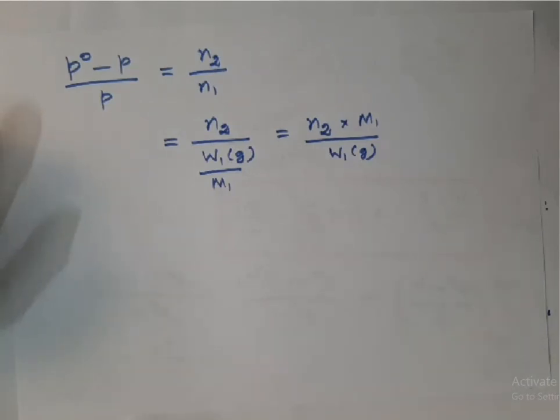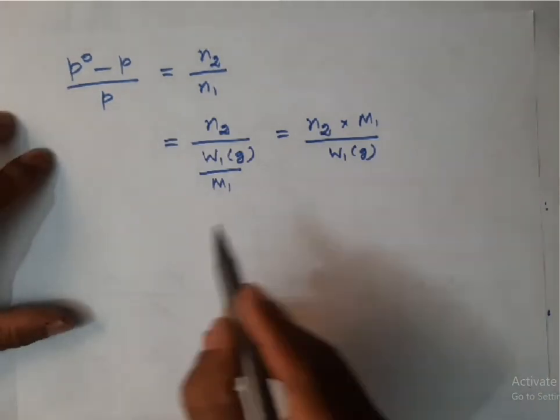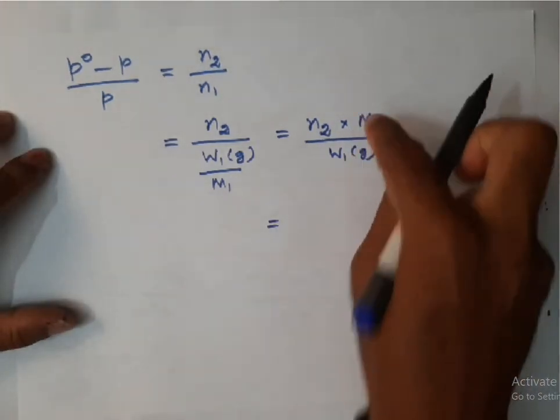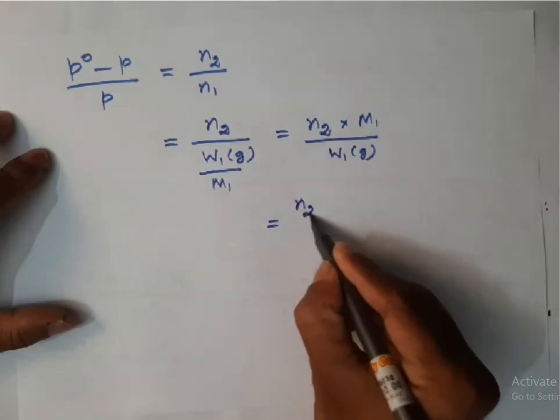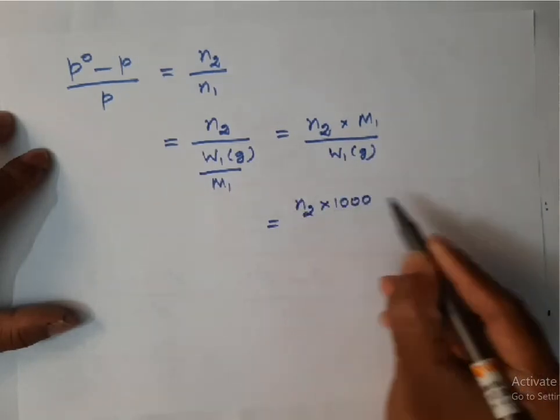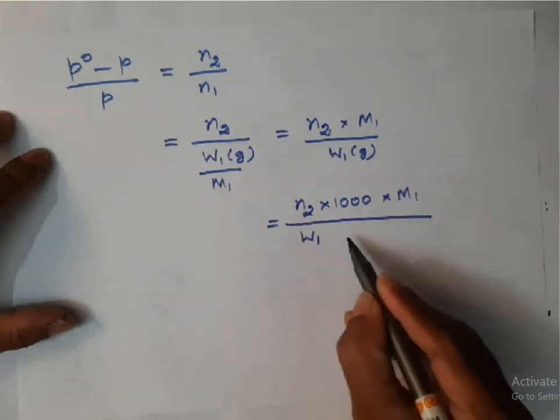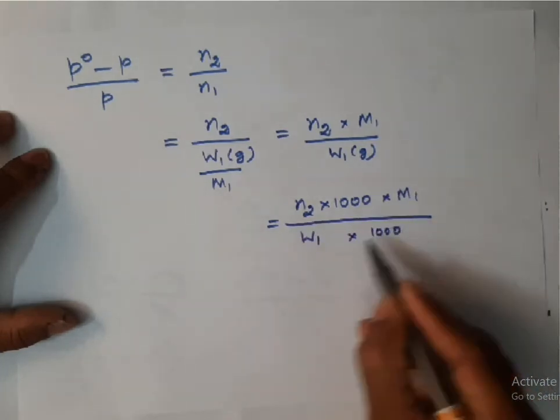Students, observe carefully. Now I'll make some more simplification. I'll multiply the numerator and denominator by 1000. N2 into 1000 into M1 divided by W1 into 1000, W1 in gram.